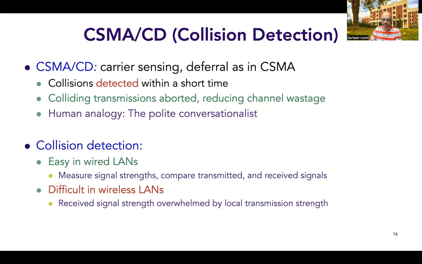In the case of wireless, for Wi-Fi, we use what we call CSMA CA, which is carrier sense multiple access with collision avoidance. The reason that we are unable to detect collisions easily in the case of wireless is because the received signal strength is very, very small, overwhelmed by the local transmission. And the reason for that is, on a wireless medium, the signal energy falls very sharply with the distance.